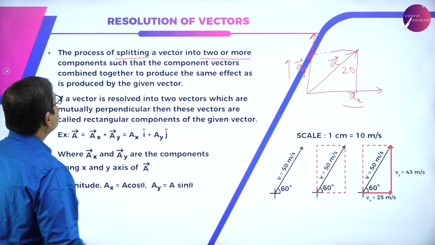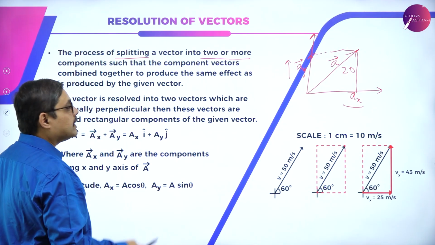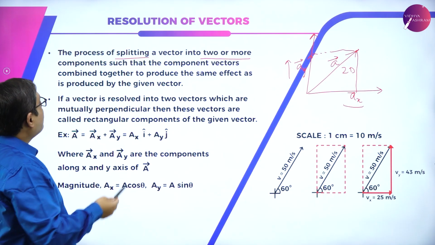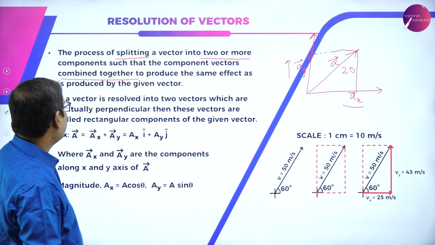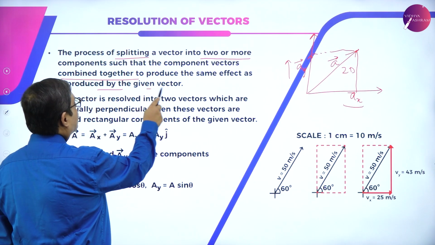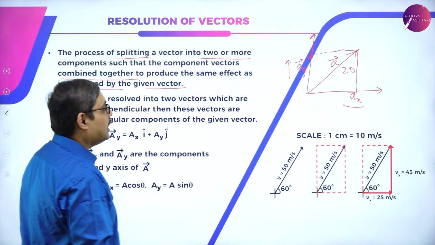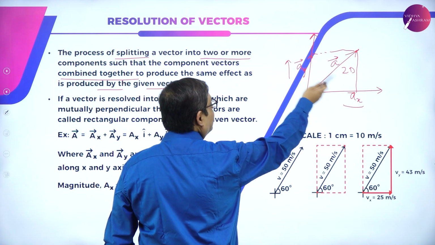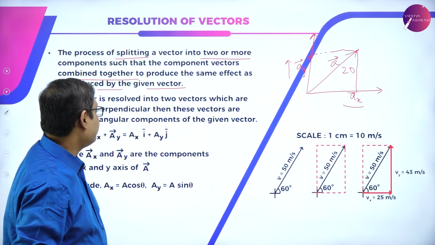Let us check. So the process of splitting of a vector into two or more components such that the component vectors combined together shall produce the same effect as produced by the original or the given vector. So I have to split it in such a way that if I obtain the resultant of AX and AY, I must go back to the same given vector. Okay.